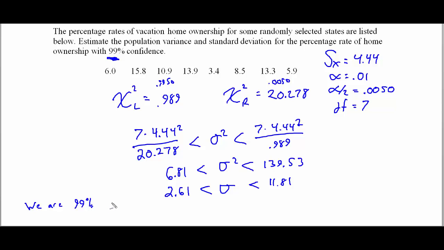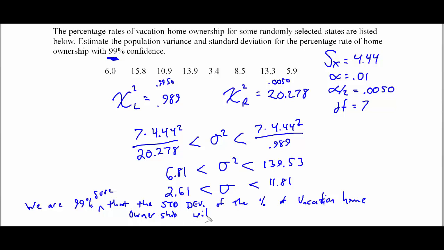We are 99% sure that the standard deviation of the percentage of vacation home ownership will be between 2.61 and 11.81%.